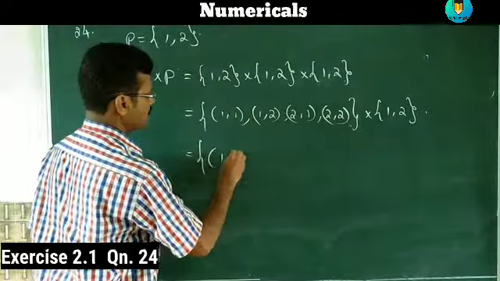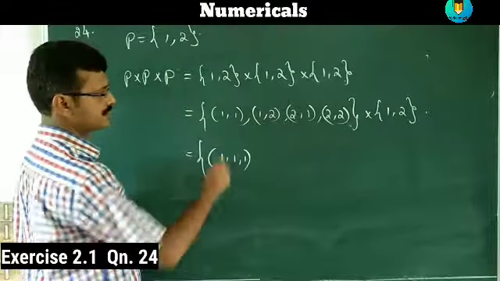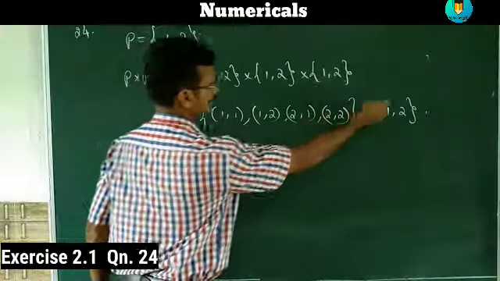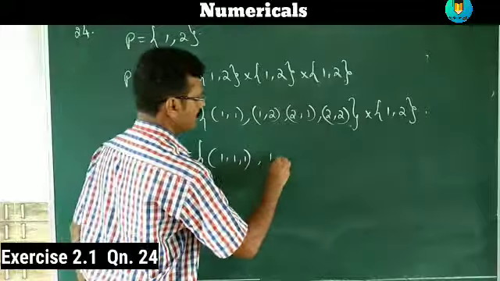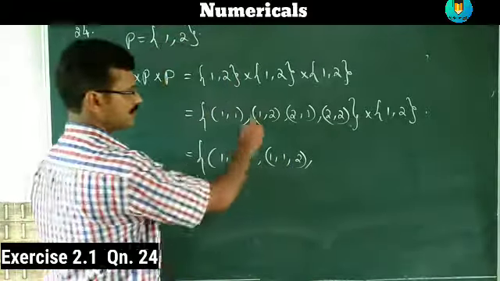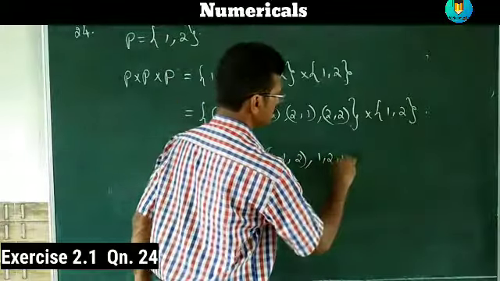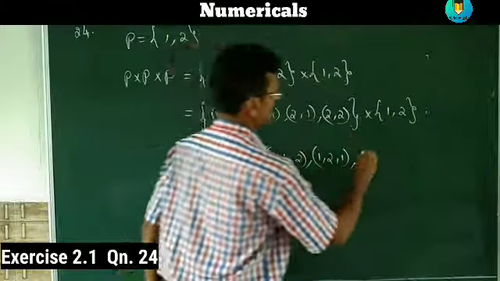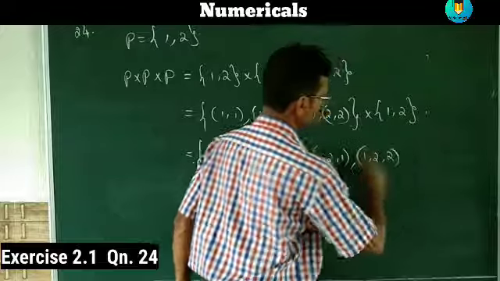So 1, 1, 1. You can see 3 elements coming together. Now 1, 1, 2. Now with 1, 2: 1, 2, 1; 1, 2, 2.